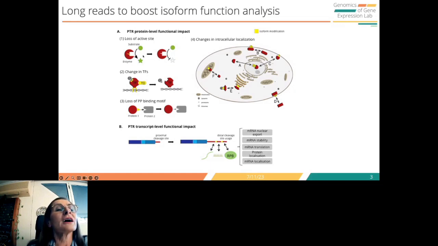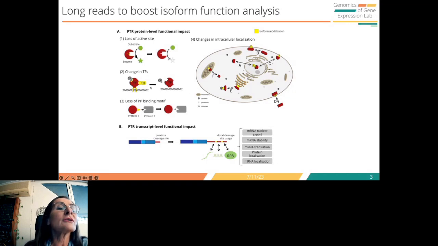For example, an alternative isoform can change an active site, or change the way it binds to DNA in the case of a transcription factor, or the way it binds to other proteins, creating protein-protein interactions. Isoforms may also vary in the signals that target them to particular localizations in the cell, so by changing their localization, they can also have different functions.